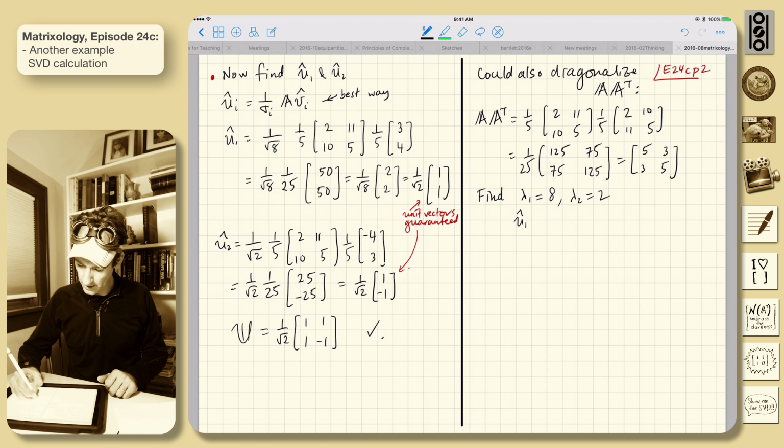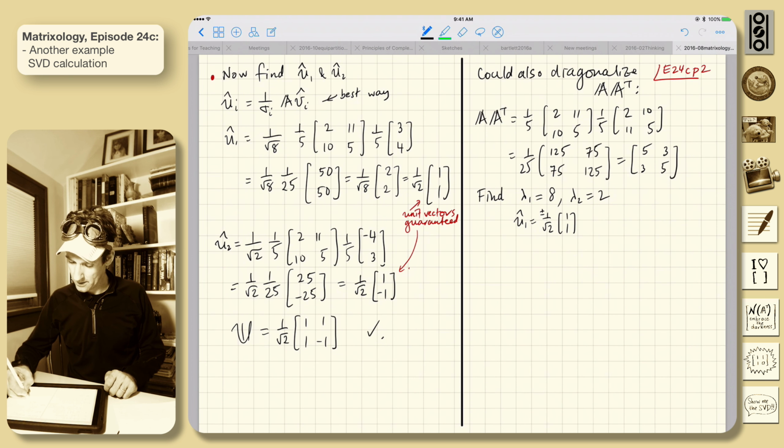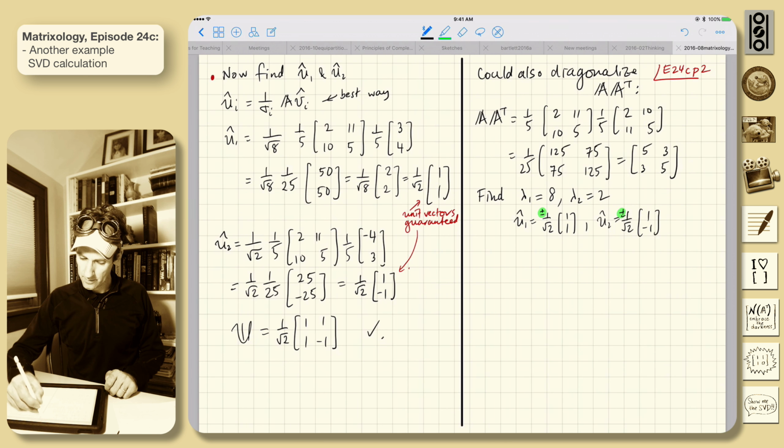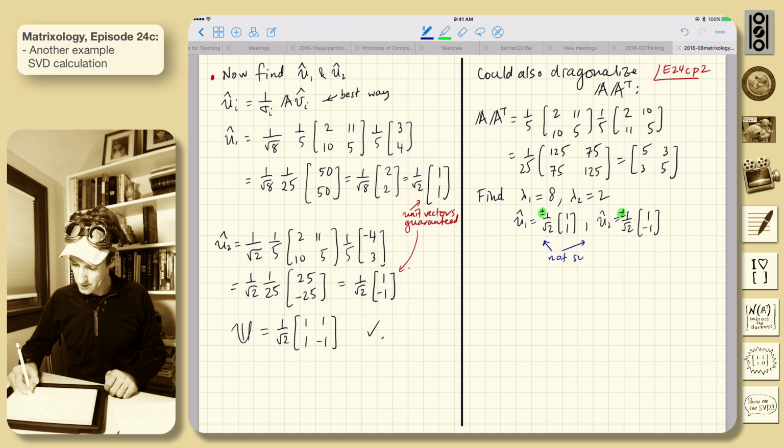And u1 would be 1 over root 2. Now here we wouldn't be sure about it actually. We'd have plus or minus that. And u2 equals 1 over root 2, plus or minus, and we'd have 1, minus 1. So we're not sure about the signs.